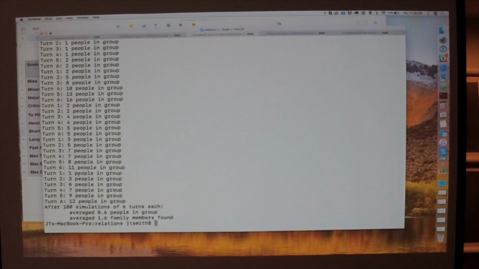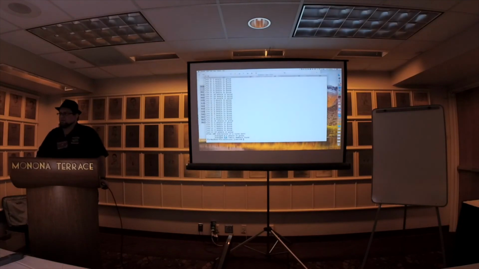And what I found out from this is I'm not finding nearly enough people. The other thing I found out is I was using averages for lots of things. At one point, I was averaging exactly what I wanted to see: 8 people in every group, averaged across 10 million simulations.